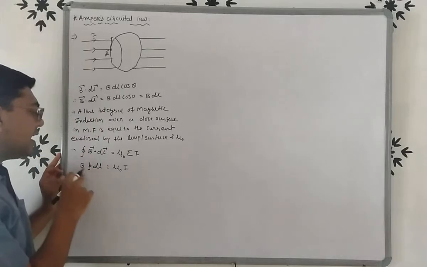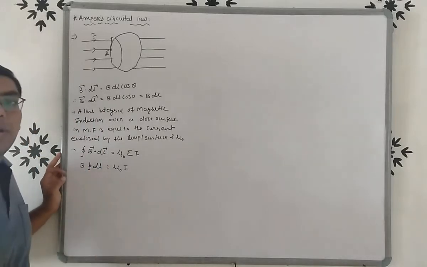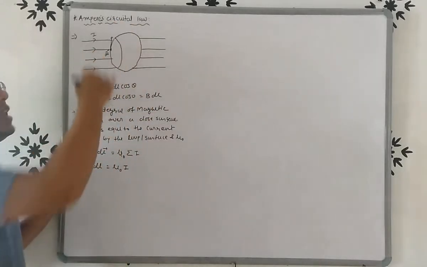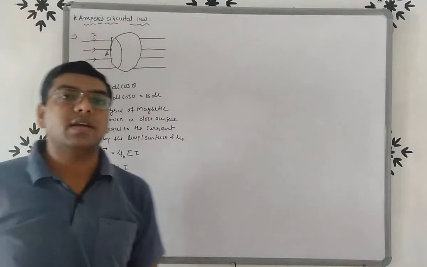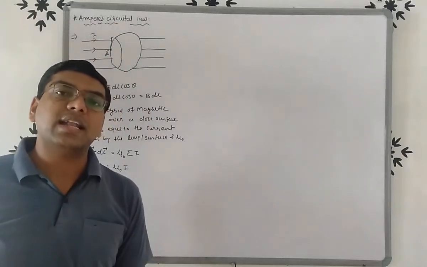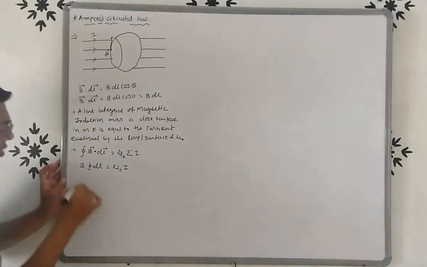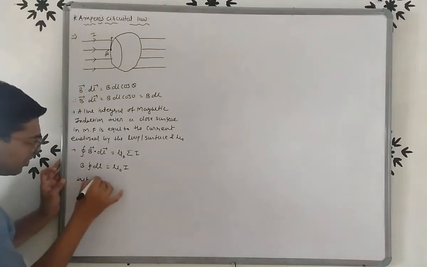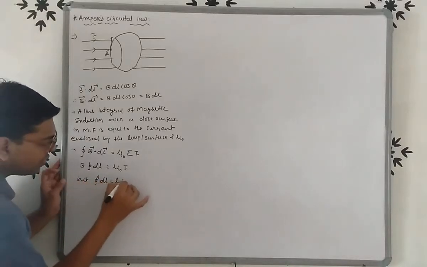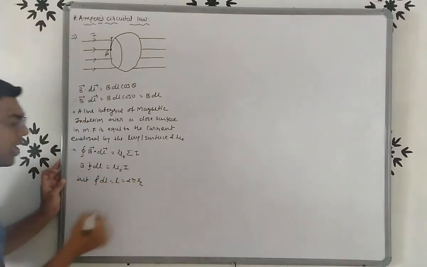If we take the integration of this element of length, that means total length. If the radius is r, then the length is equal to the circumference, that is 2 pi r. So closed integral dl is equal to L is equal to 2 pi r.